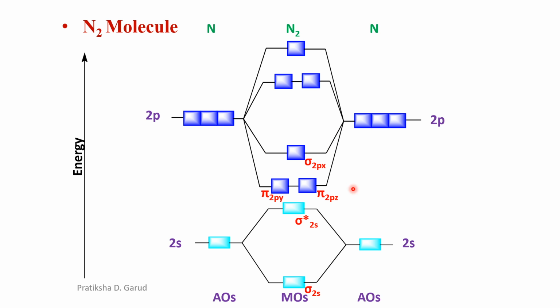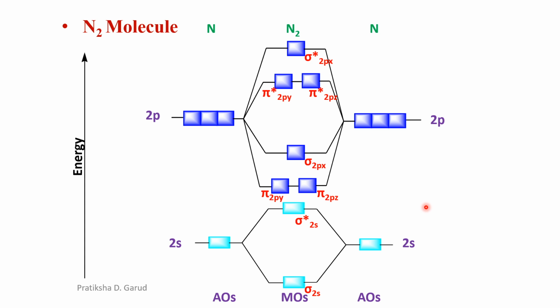So these are the 3 bonding. Then the second degenerate pair, that is the pi asterisk 2py and the pi asterisk 2pz, and the third one is the sigma asterisk 2px. So this is the MO energy level diagram when there is an interaction between the s and the p atomic orbitals, that means figure B.